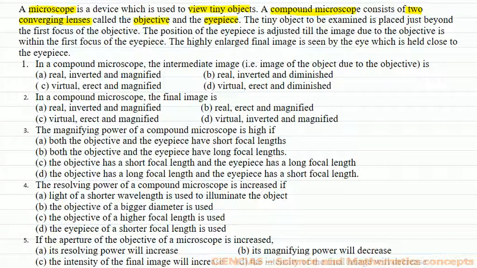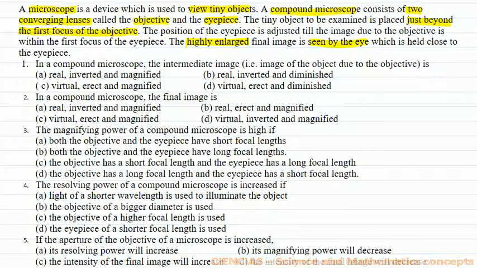The tiny object to be examined is placed just beyond the first focus of the objective. The position of the eyepiece is adjusted till the image due to the objective is within the first focus of the eyepiece. The highly enlarged final image is seen by the eye, which is held close to the eyepiece.